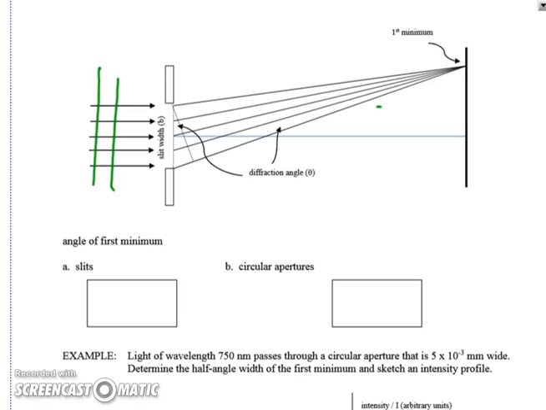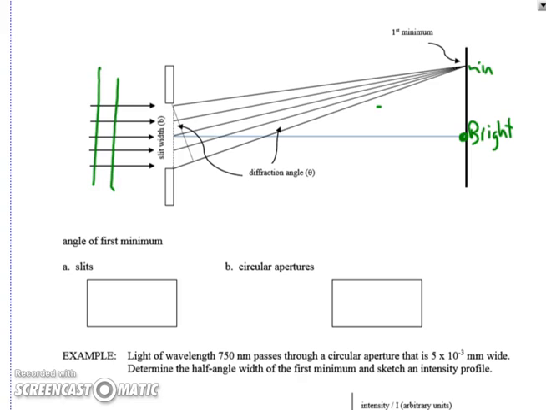So we would expect right here a central bright spot. All the waves are going to meet here in phase like we saw with double slits, so there's nothing new with that. Now, if we want to develop the intensity pattern, we want to look at when the first minimum occurs. You can see right here we've drawn such that the first minimum occurs here.